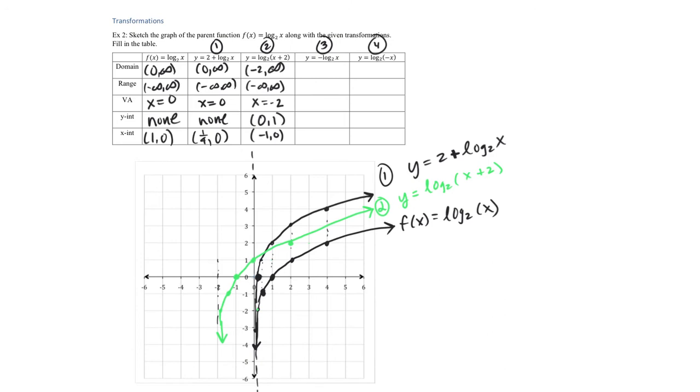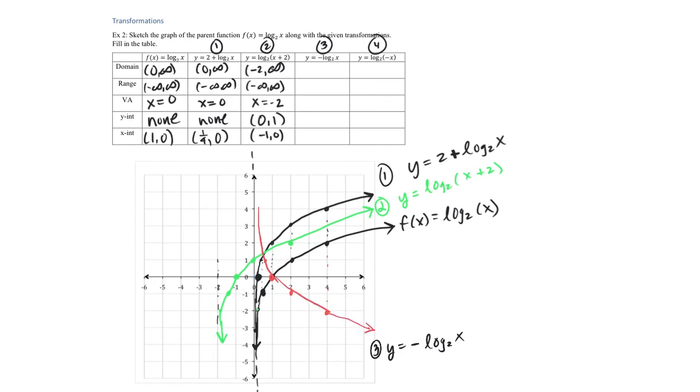Okay, so let's see what we think might happen for the third one, when we have y equals the opposite of our parent function, negative log base 2 of x. This is where we have our reflection about the x-axis. So all of these are just reflected about the x-axis.